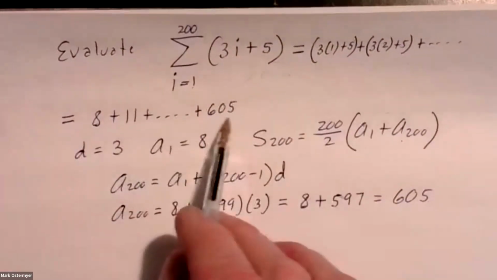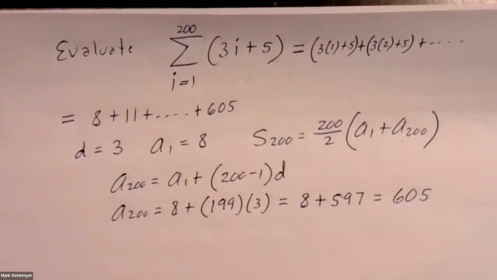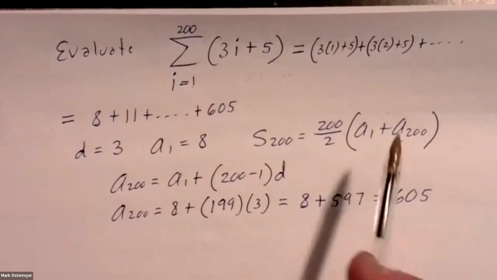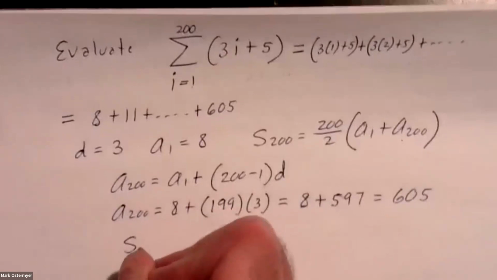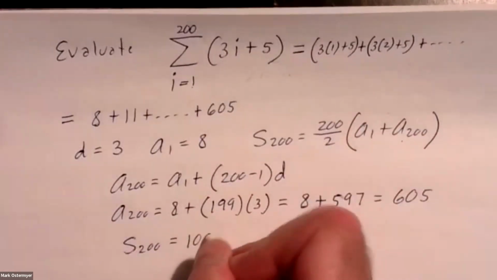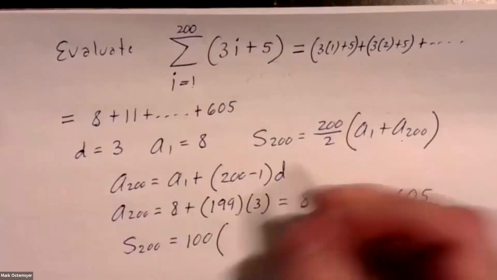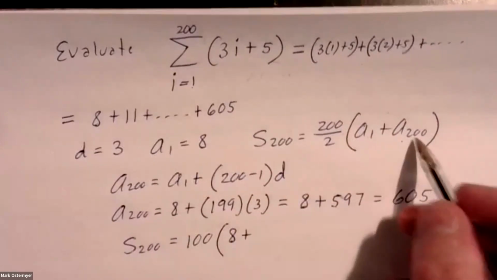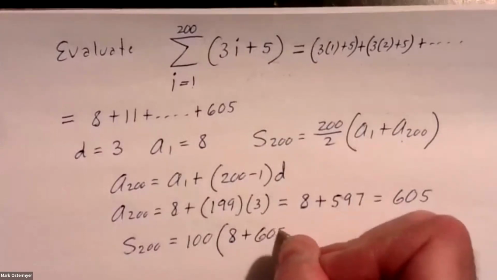We want to add all these up. Well, the way to do it is to use your sum formula. So the sum of the first 200 terms is going to be equal to 200 divided by 2, which is 100, times your first term, which is 8, plus your 200th term, which is 605.